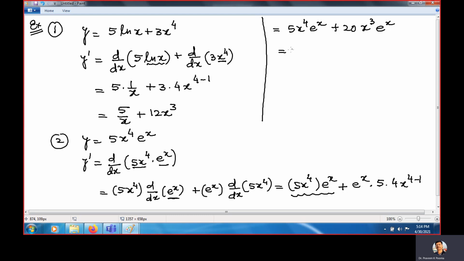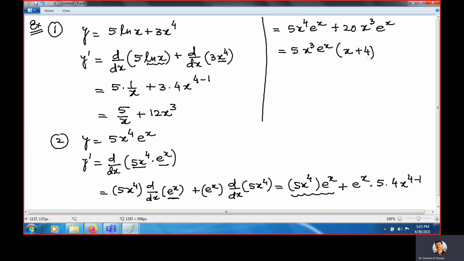Now what you can do? You can take 5 common. You can take x power 4 and x power 3, so x power 3 common, and e power x in both the terms. So what will you get? 5 is out, x power 3 is taken, so x remaining, plus 20. If you take 5 out, it will be 4. x power 3 is out, e power x is out, so x plus 4.